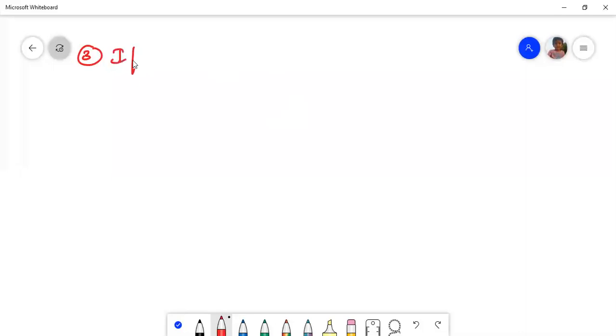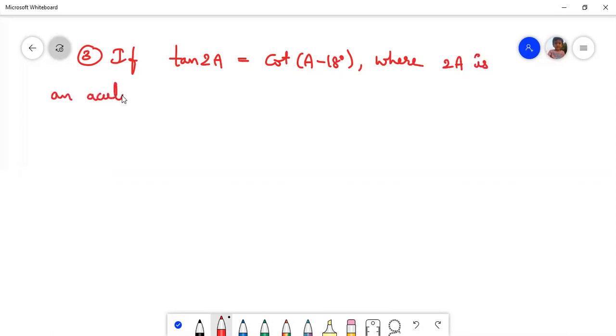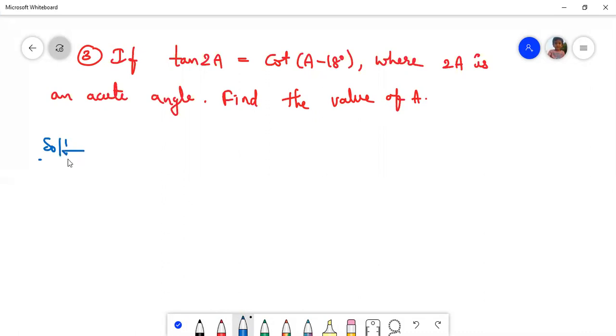Third one: if tan 2A equals cot of A minus 18 degrees, where 2A is an acute angle, find the value of A. Here, we are using the complement angle only.